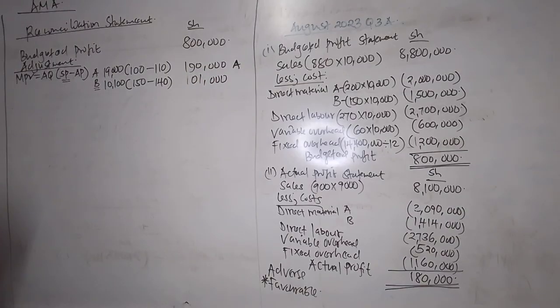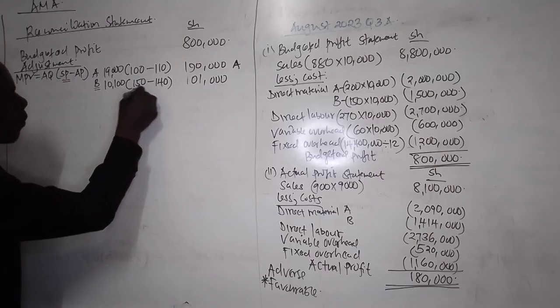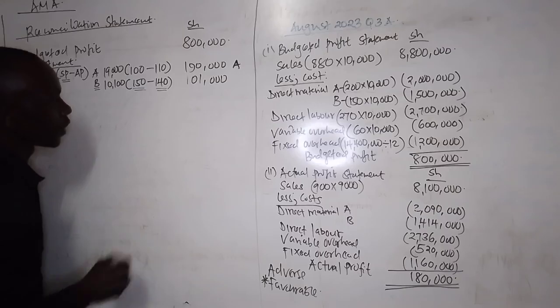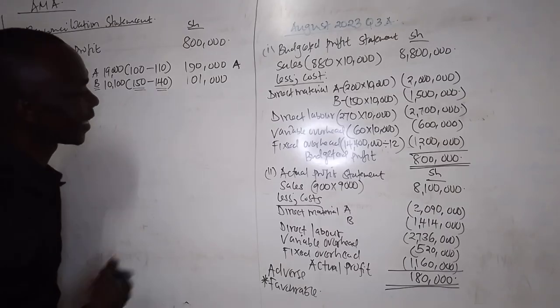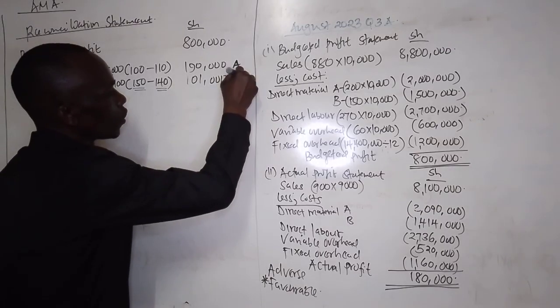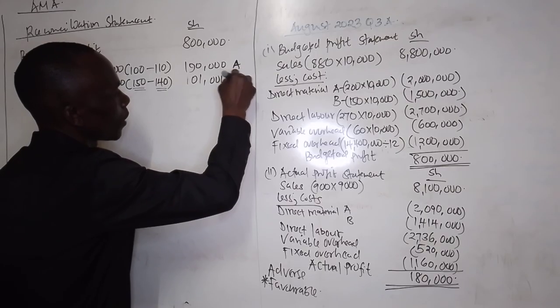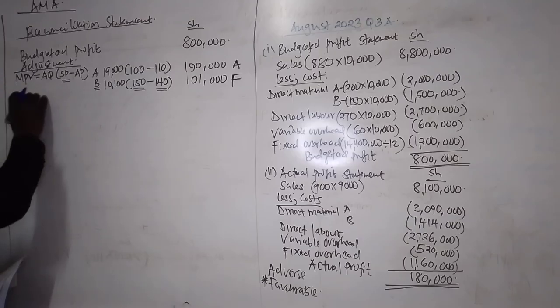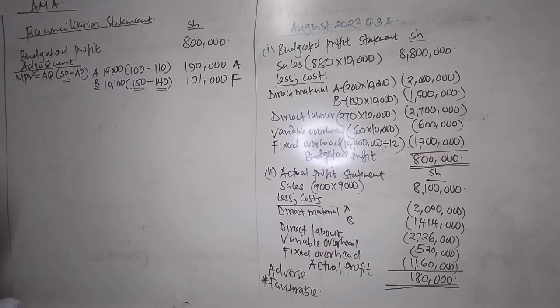In this case, we had budgeted that we will be paying 150. We ended up paying 140. We paid less than what we budgeted for. So that is favorable. So we are done with the material price variance.